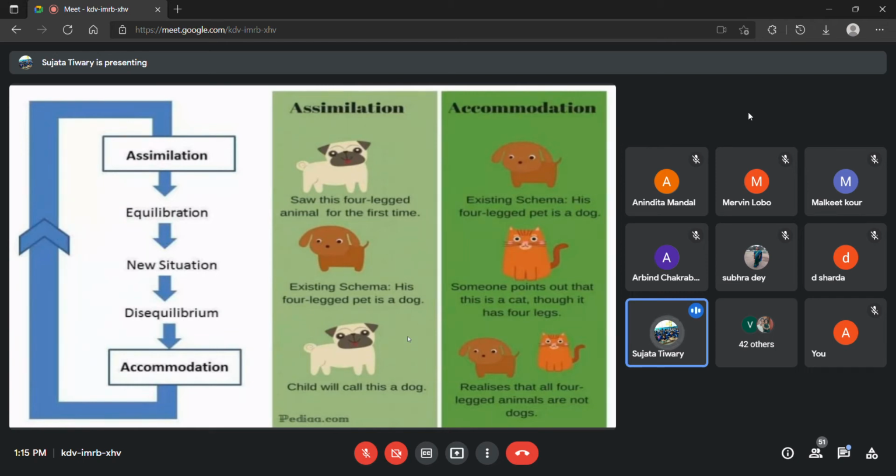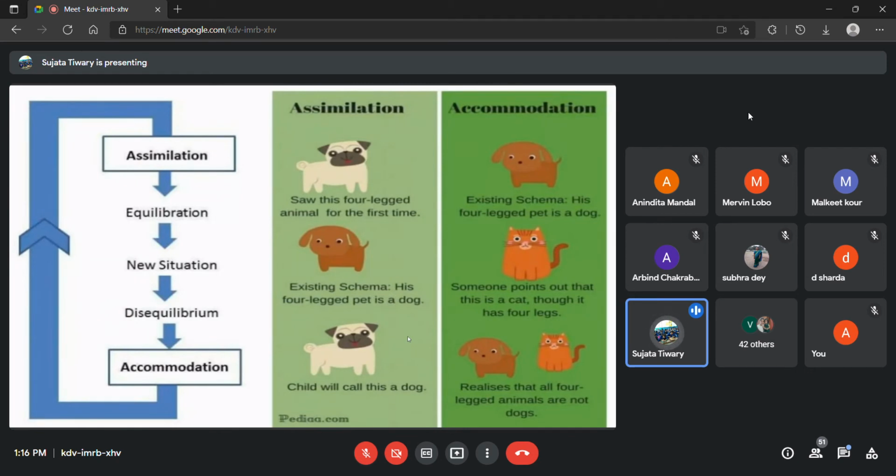Now someone points out that this is a cat, though it has four legs. Now the accommodation comes, and then after the accommodation that change came in his mind, and the adaptation took place. Now he realizes that not all four-legged animals are dogs.